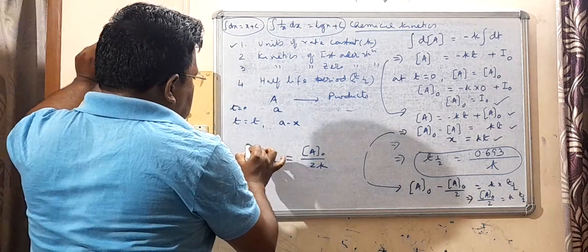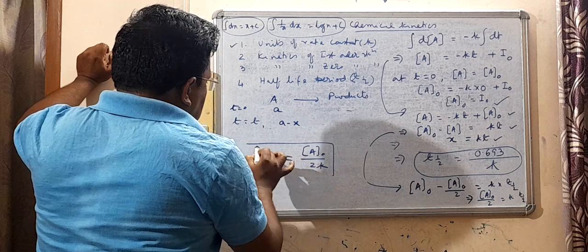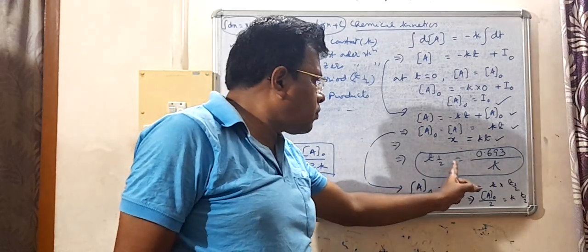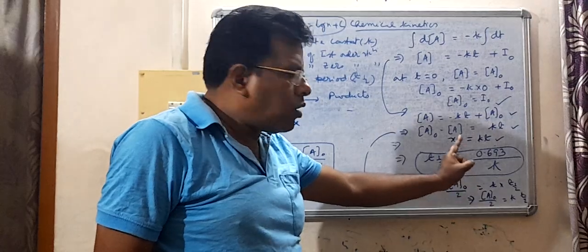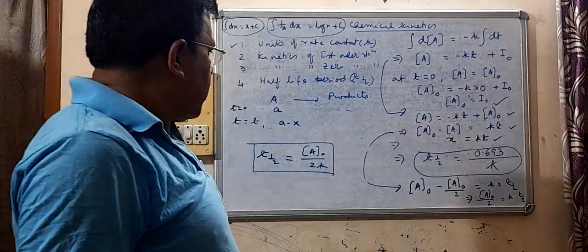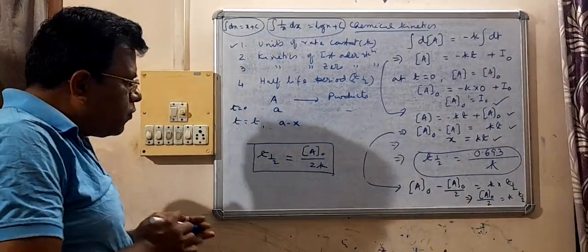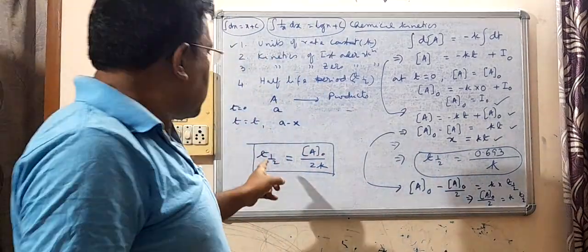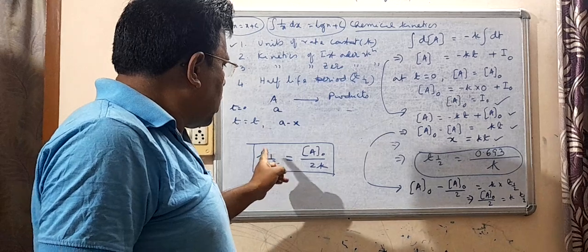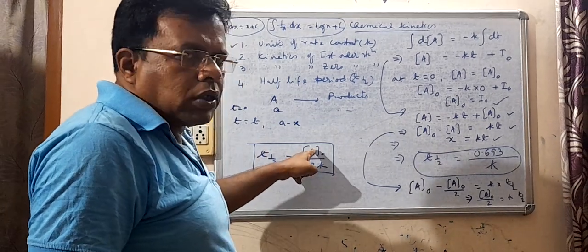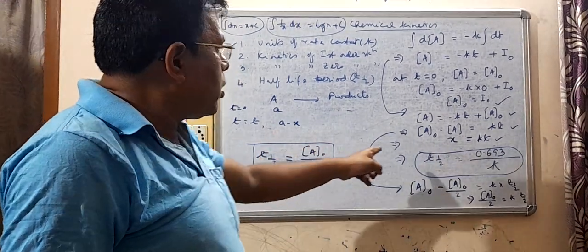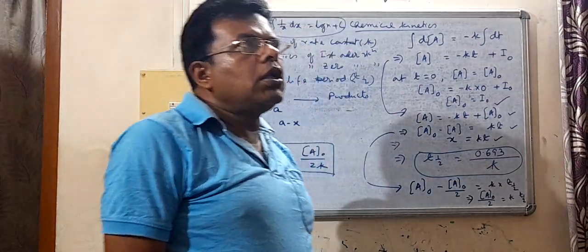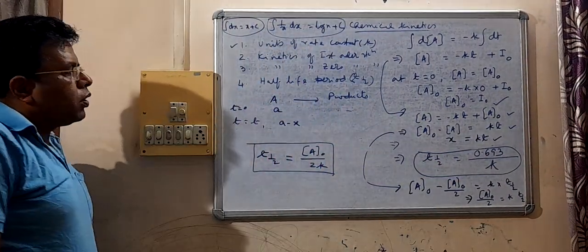This was the expression for half-life period in case of first order reaction. If you compare, you see in case of zero order reaction, it depends on the initial concentration, whereas in case of first order reaction, it is independent of initial concentration.